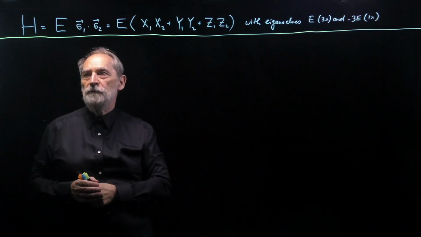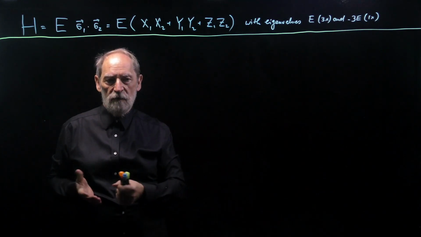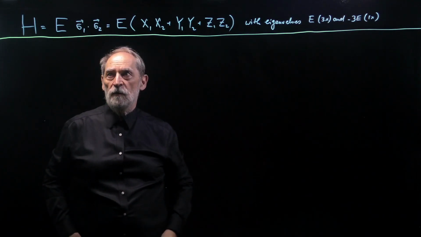In the previous lecture, we looked at the Schrödinger equation that results from this dynamics, and now we want to look at the Heisenberg equations of motion.